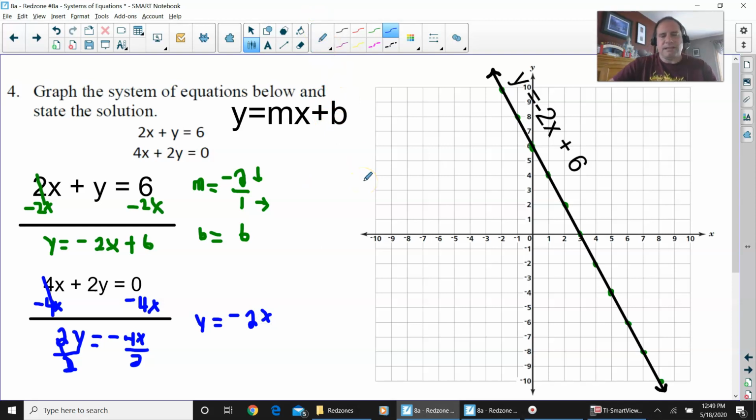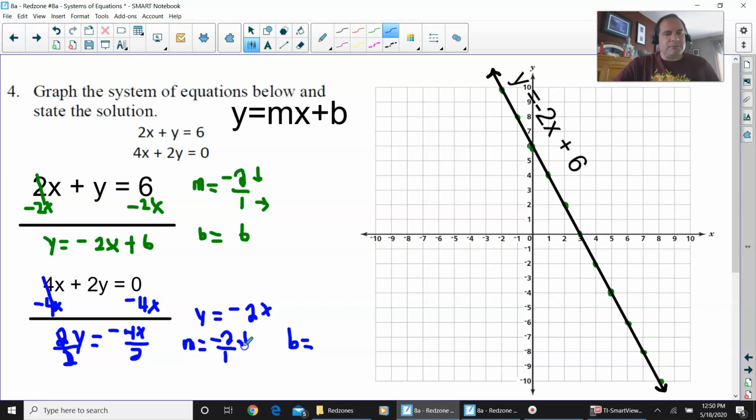Your slope is negative 2 over 1, that's down 2 and to the right 1. And when there is no y-intercept written, the y-intercept is 0.